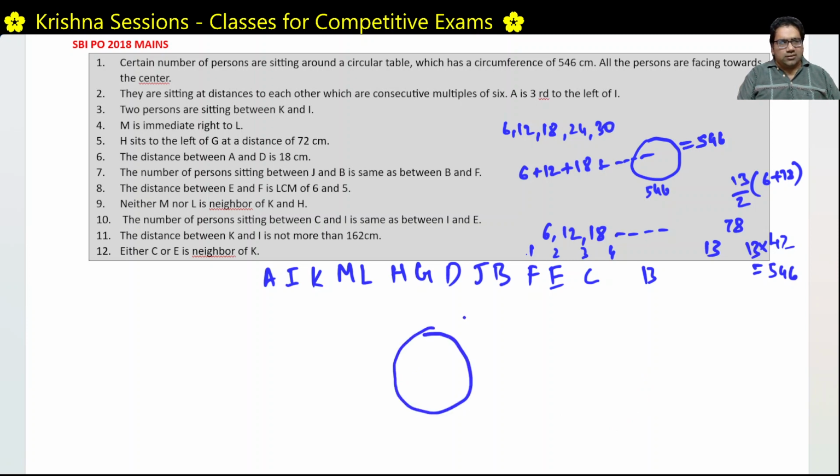Okay, so let's draw this circle. Let's draw it a little bigger. 1, 2, 3, 4, 5, 6, 7, 8, 9, 10, 11, 12, 13. I have drawn them mostly equidistant, but these are not equidistant.